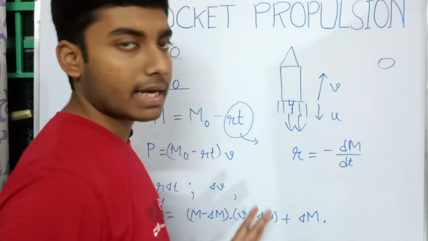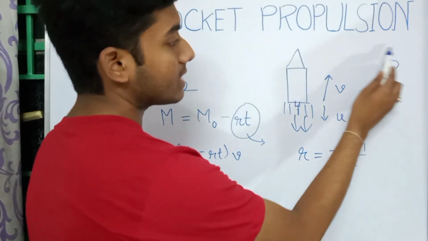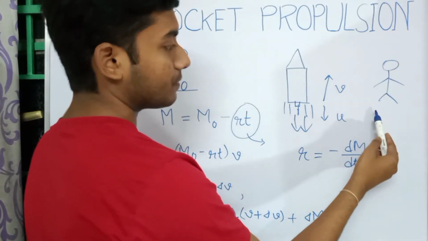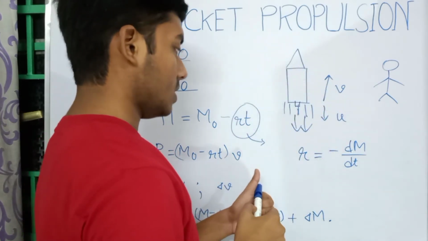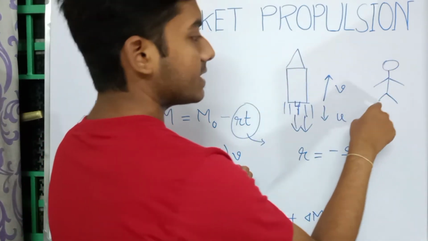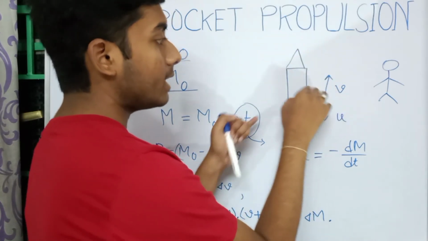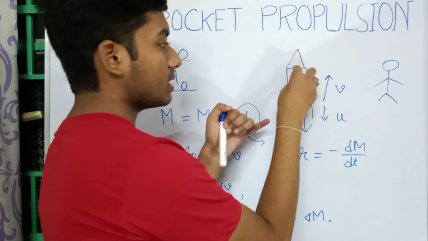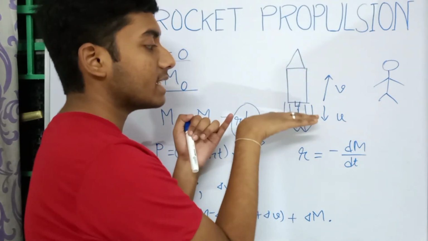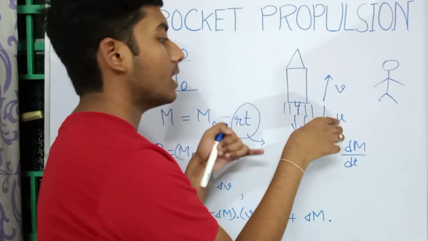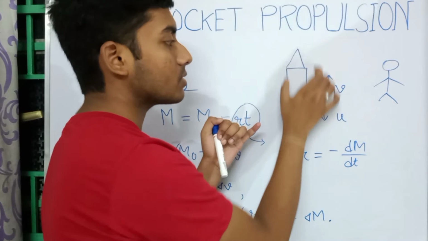We can understand this by a simple example. Suppose here is a static observer who is observing this situation, the rocket propulsion. You will see that the rocket is moving upward with a velocity v, and the person in this rocket will see the gases ejecting outward at a speed u, that is the velocity of the ejecting gas with respect to this rocket.